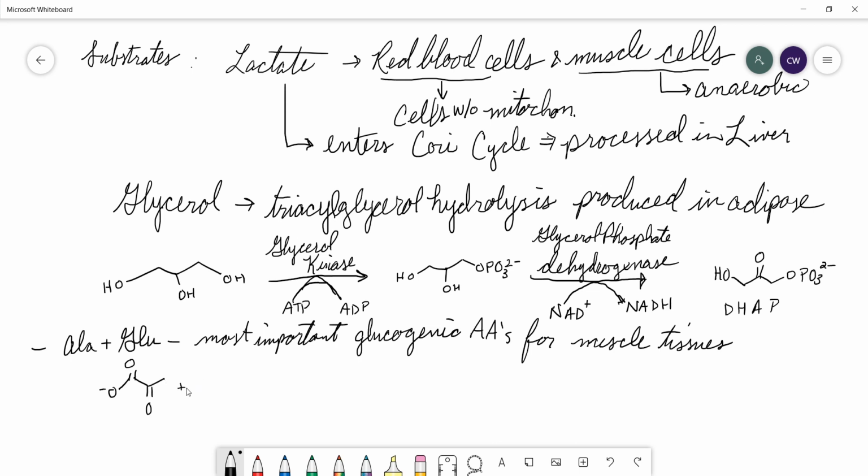And in this case, I will show... well, I'm not going to tell you. You're going to tell me what amino acid this is. Although the enzyme might give you a hint, because it is catalyzed by alanine transaminase.